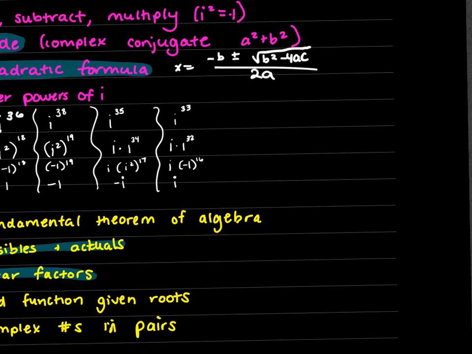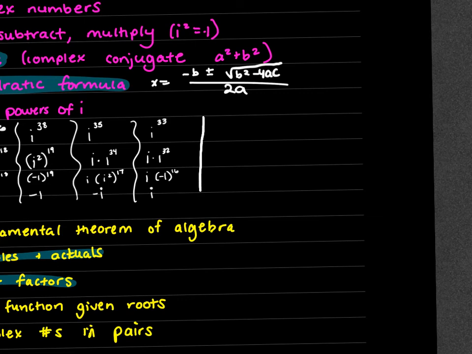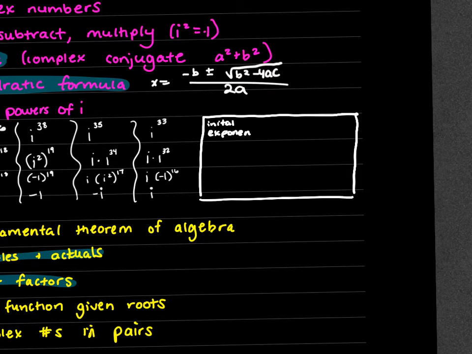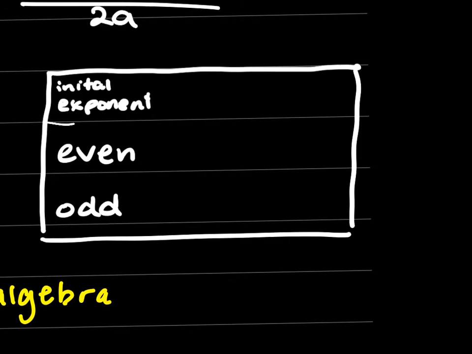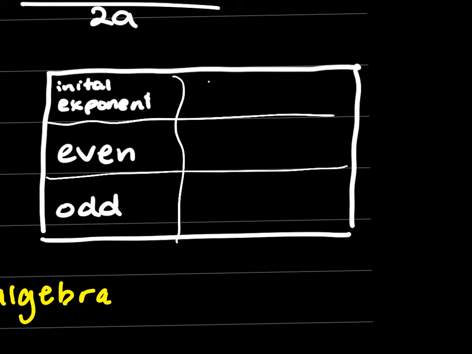So the rule is this, okay? If your initial exponent is even or odd, those are the 2 cases. If it's even, and then after you divide by 2, it's even again, then it's a positive 1.